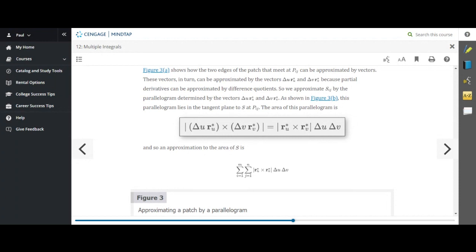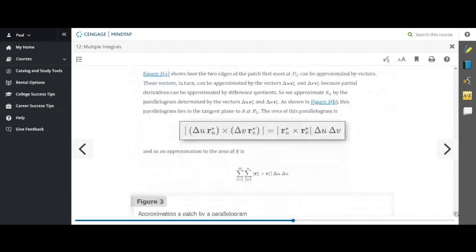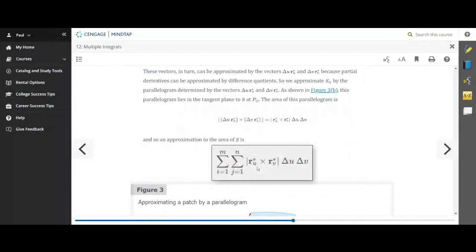Right. So now, if we want to approximate the surface area of the entire patch, if we want to approximate the entire surface area that you see there on the right in figure 2, all you need to do is add up all these little approximations.